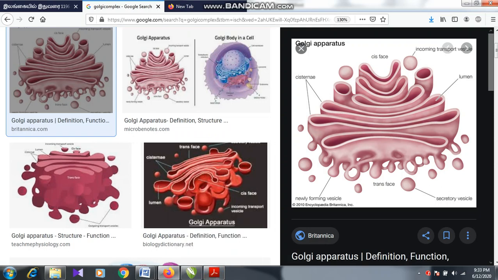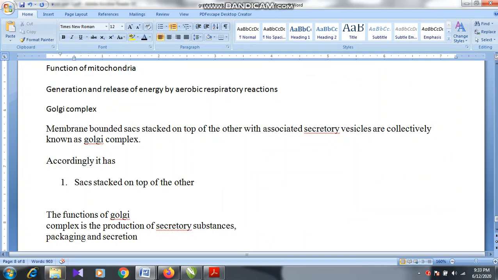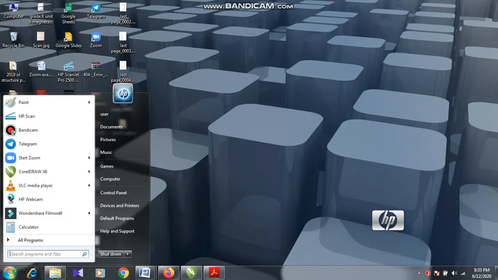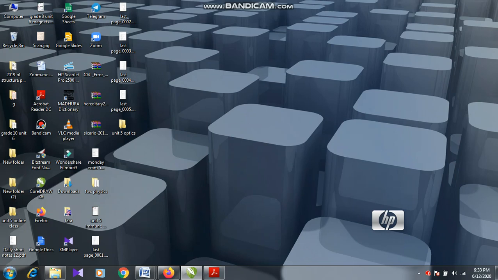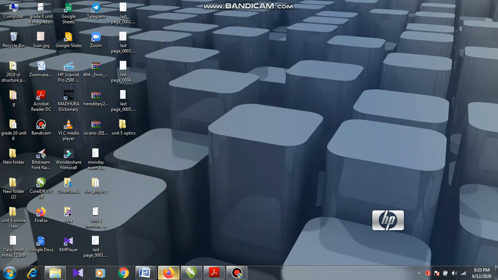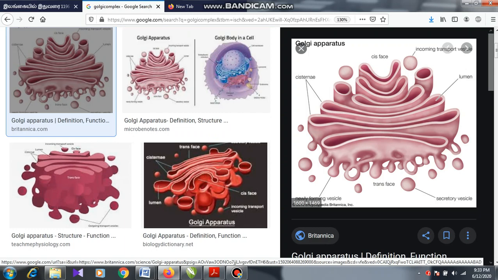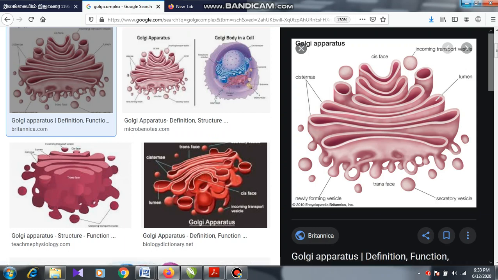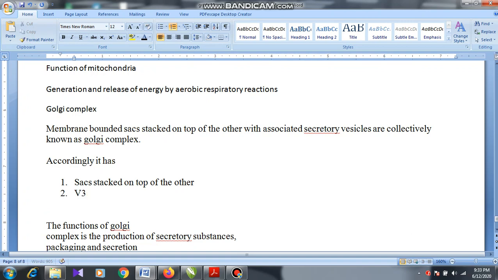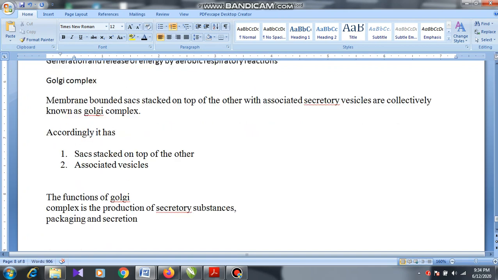These ball like structures surrounding are vesicles. So there are two structures there: one is sacs stacked one on the other, and the other is associated vesicles.